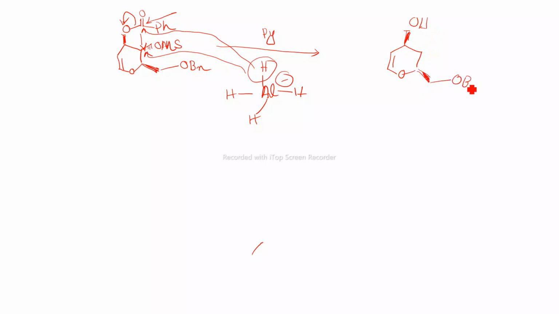OBn is basically the OCH2Ph ether group. Clear now?